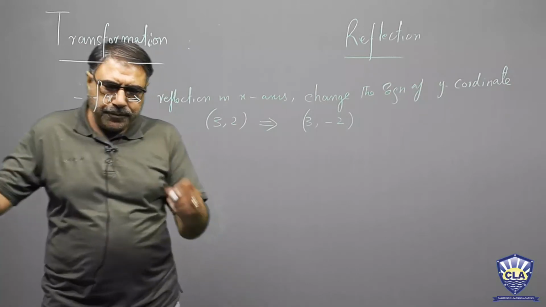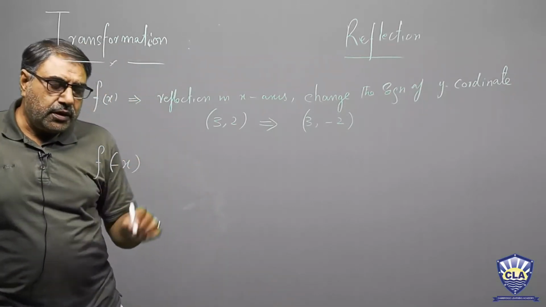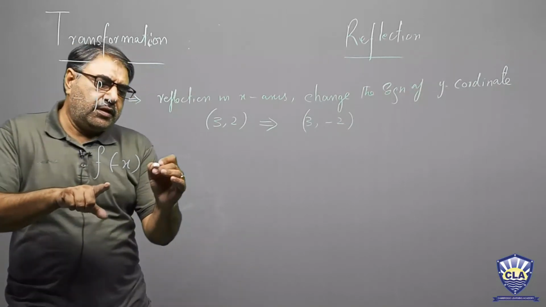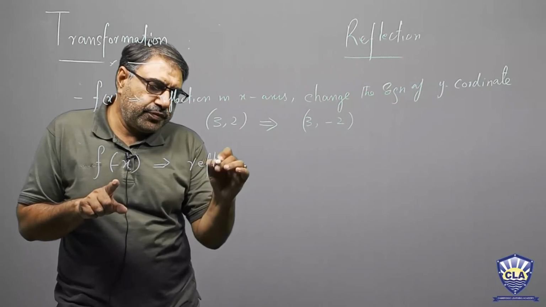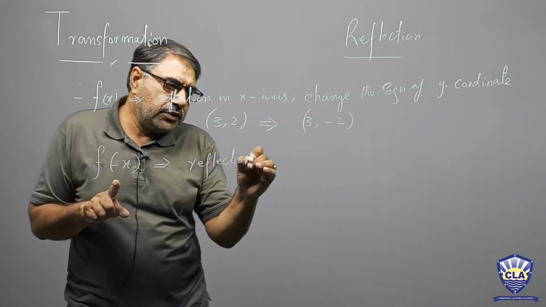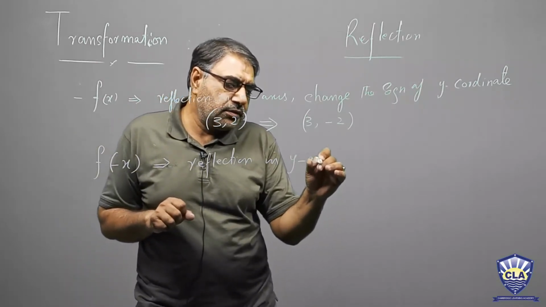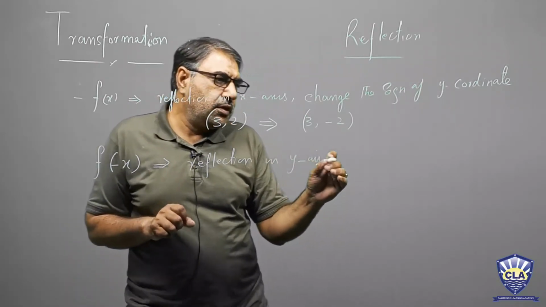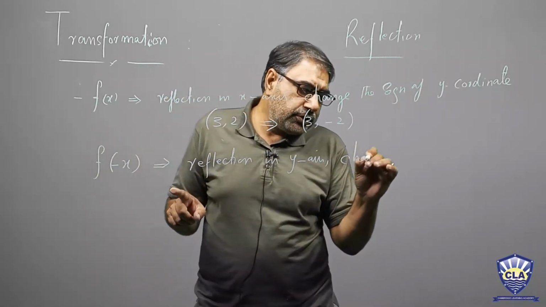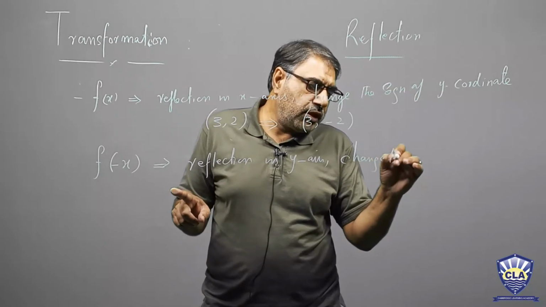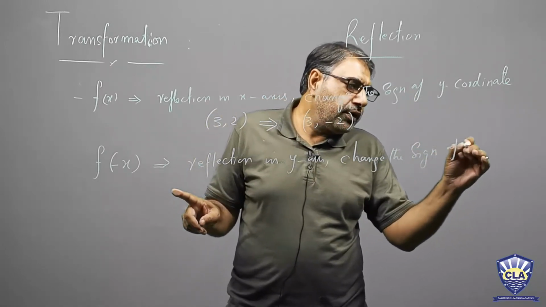And if we said f of minus x, it means that it is a reflection in the y-axis. What you have to do is change the sign of the x coordinate.